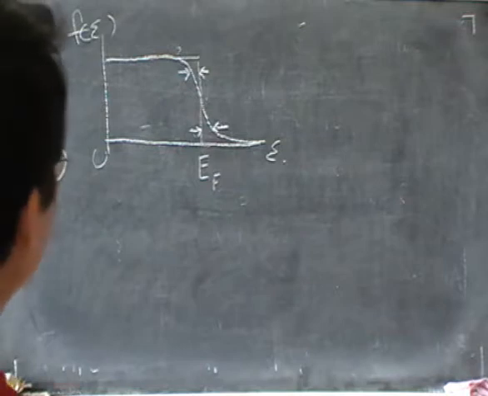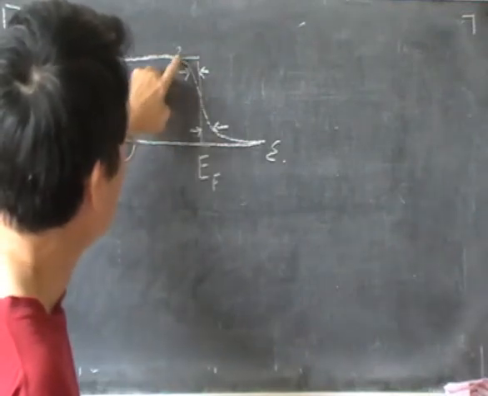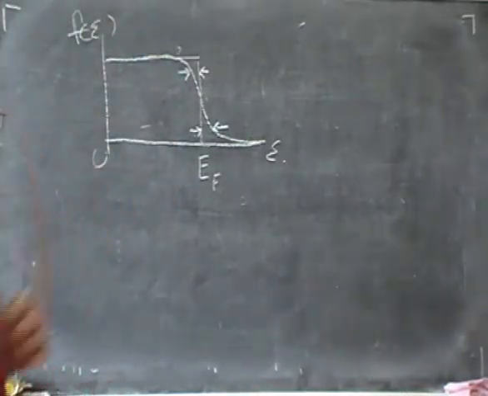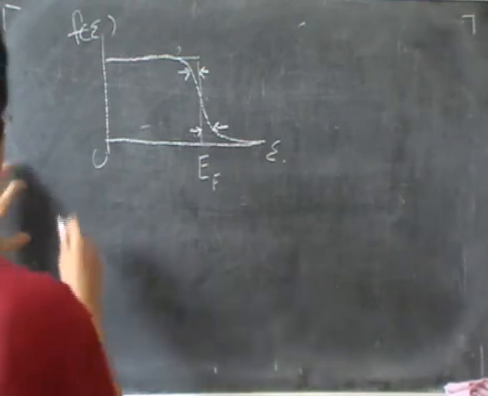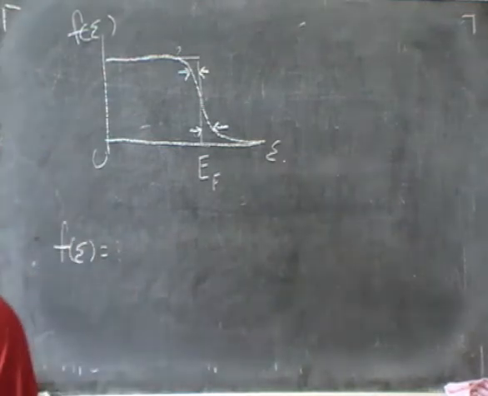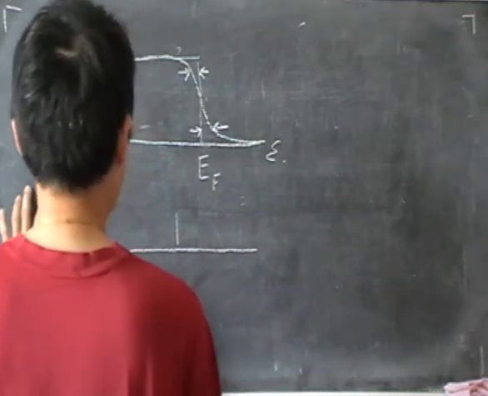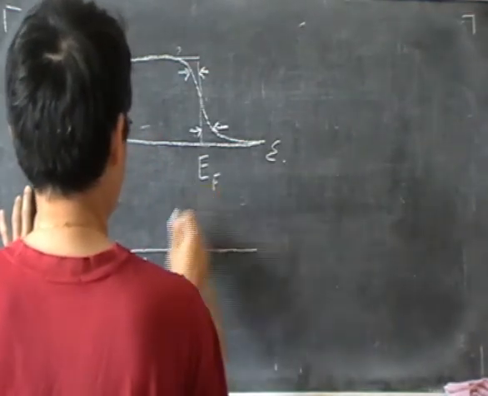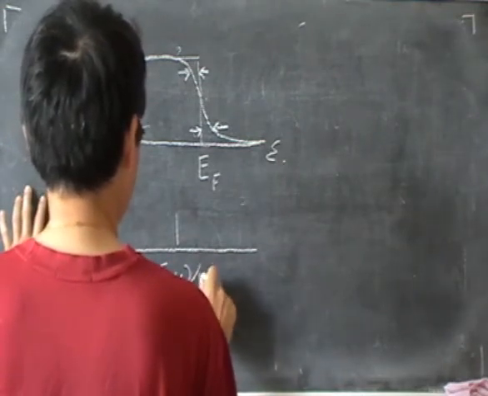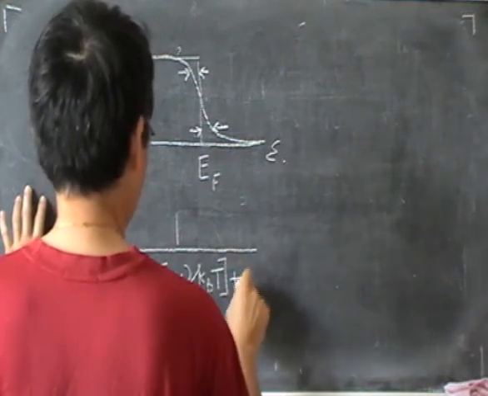Now the first thing that we need to do is to obtain an expression for this curve and that curve. And we'll start with the Fermi-Dirac distribution. Right, I'll write that down. F(E) is equal to 1 over exp[(E minus mu) over k_B T] plus 1.